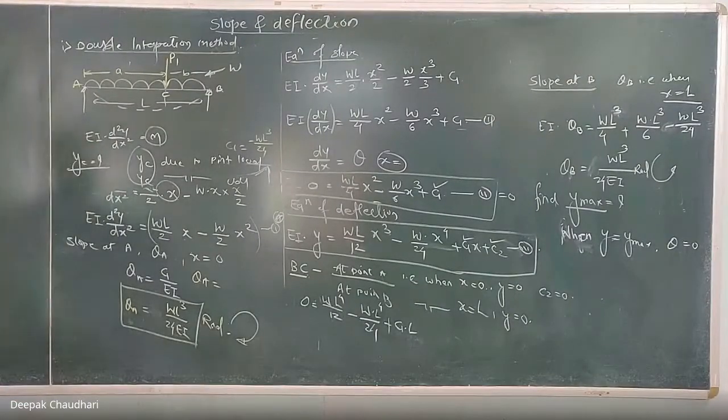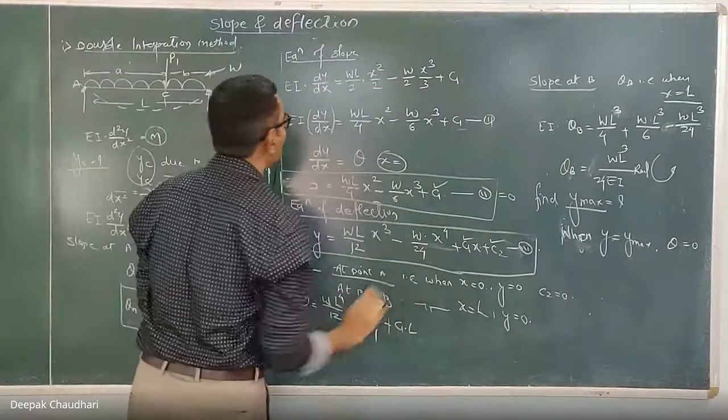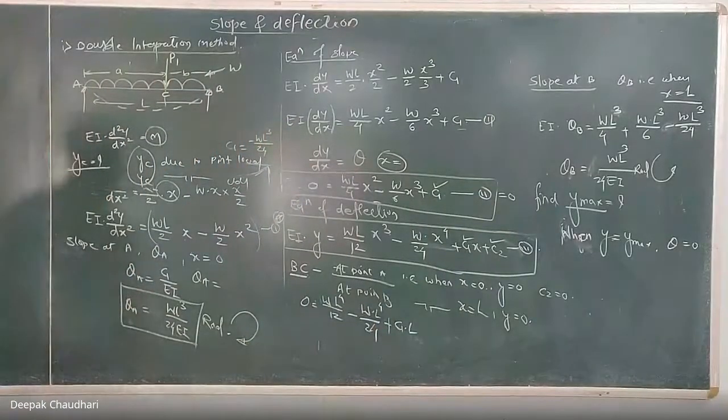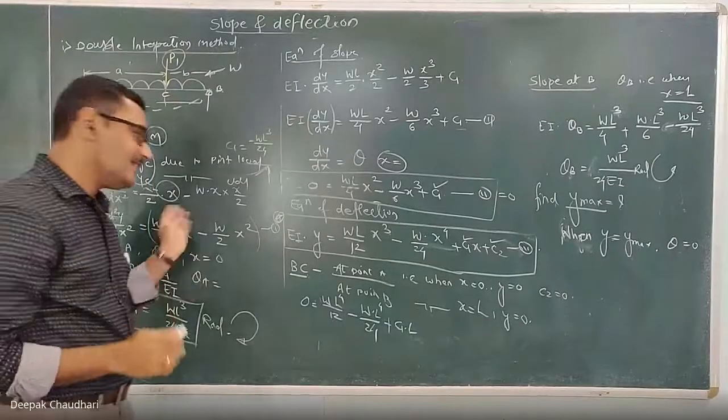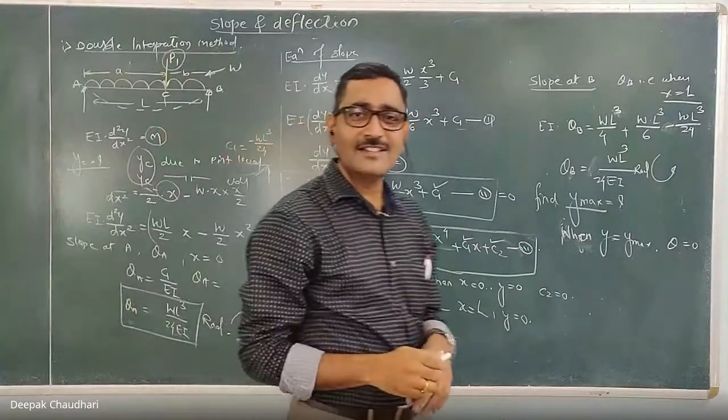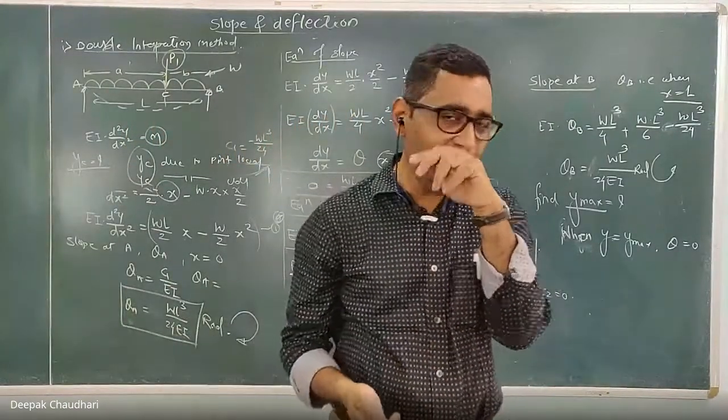Meaning, this entire sum you will have to solve for UDL. And then again take the second case when only the point load is there, solve in a similar way, only the equation of the bending moment will be different.